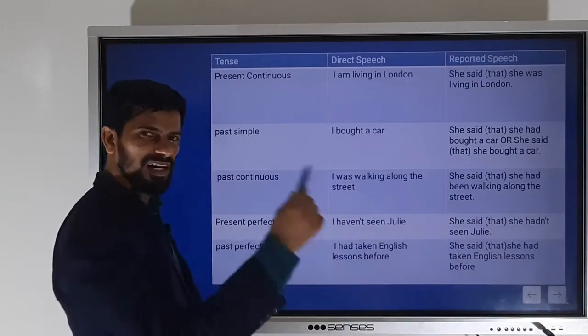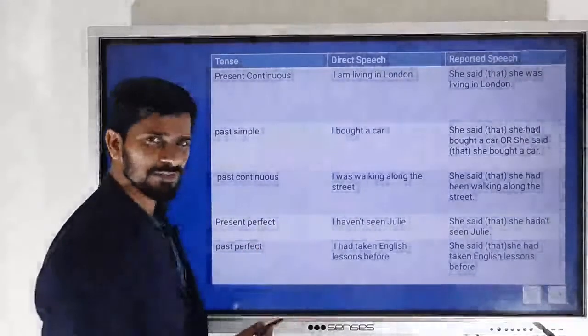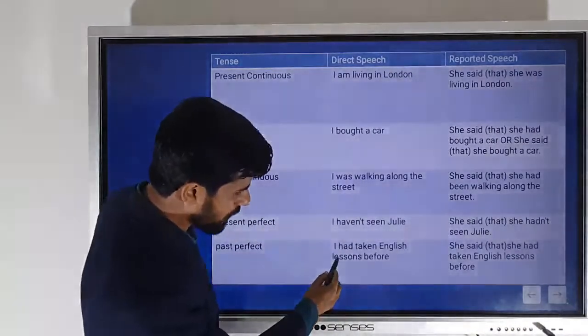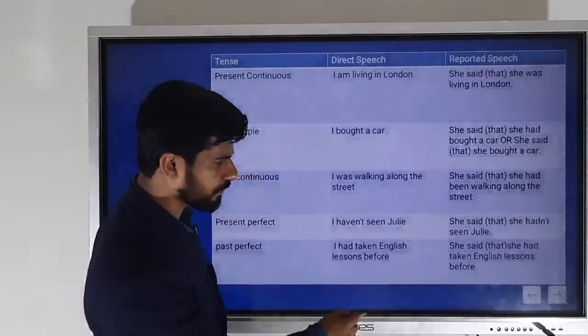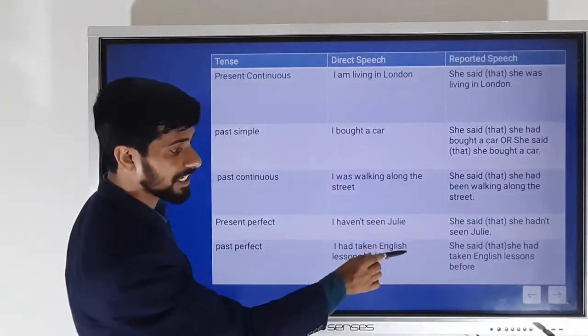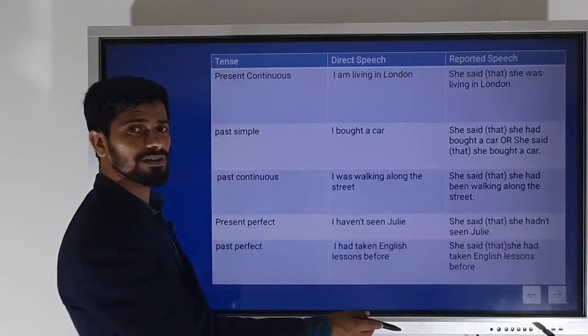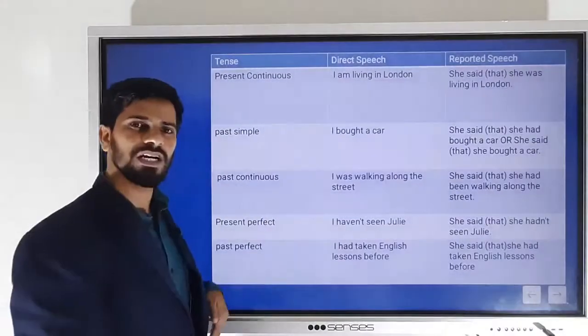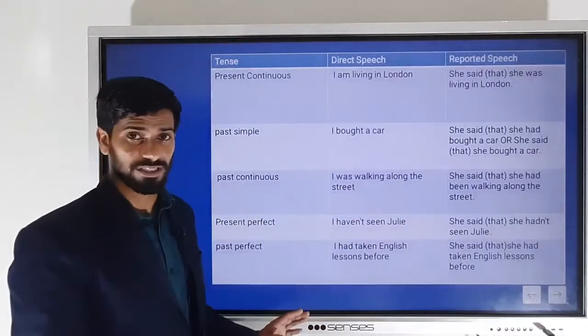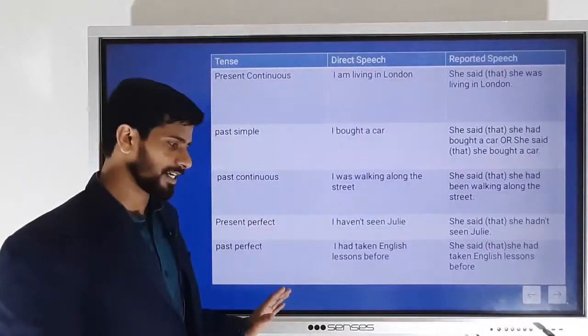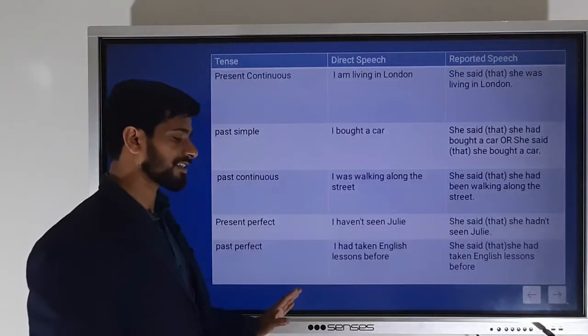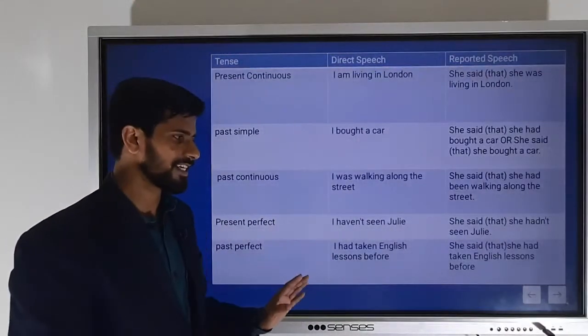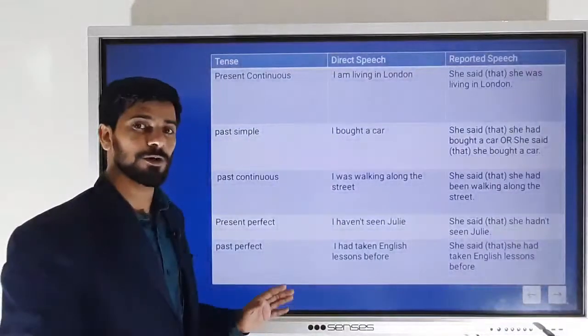There is no more past beyond it, right? So a past perfect will remain past perfect. For example, I had taken English lessons before. She said that she had taken English lessons before. That's it. There are no more changes in tense because there is no past beyond past perfect.